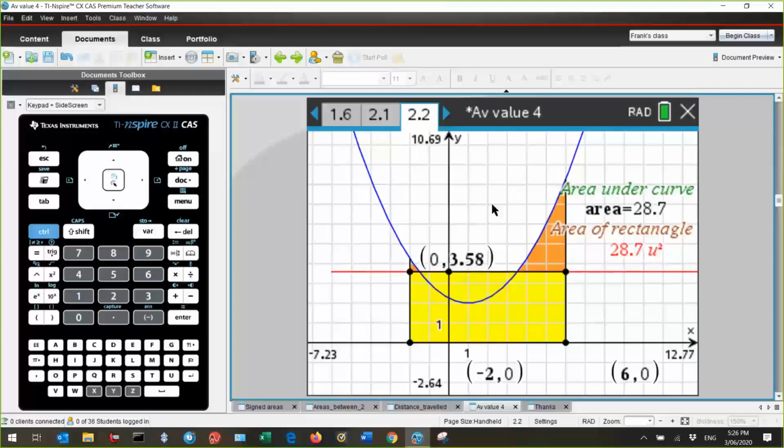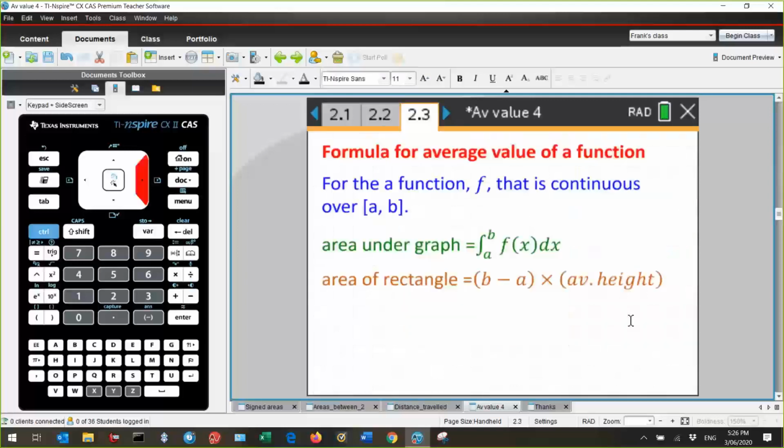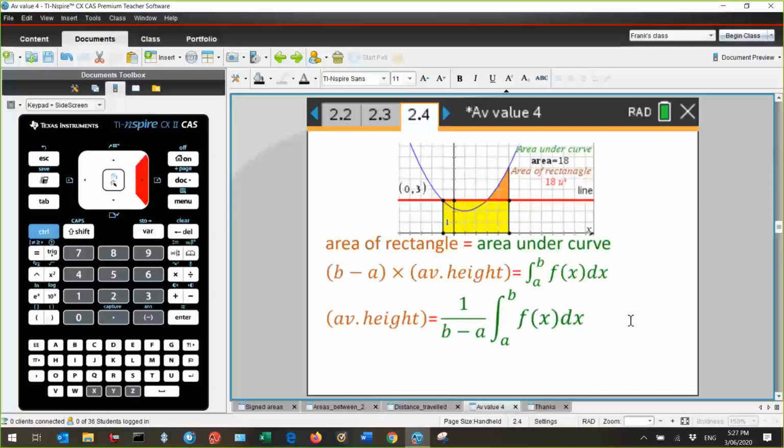There we go. So the average value is round about 3.58. So I know that the area under the graph is the integral from a to b of f of x. The area of the rectangle is the length of the base, which is b minus a, by how high it is, the average height. So I equate the two, make the average height the subject, and that's how I get the formula for average value.